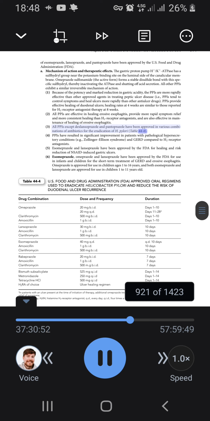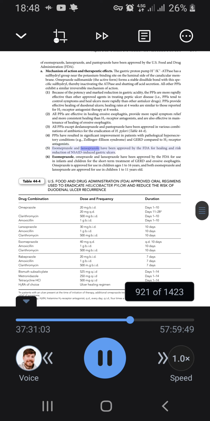Table 44-4. PPIs have resulted in significant improvement in patients with pathological hypersecretory conditions, Zollinger-Ellison syndrome, and GERD compared to H2 receptor antagonists.